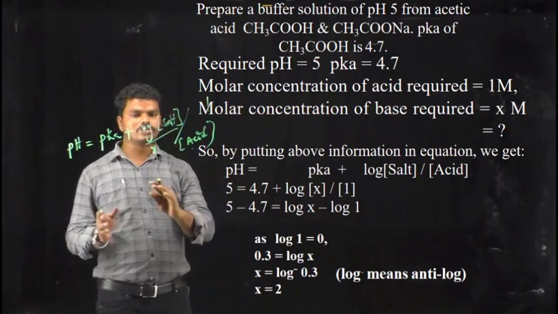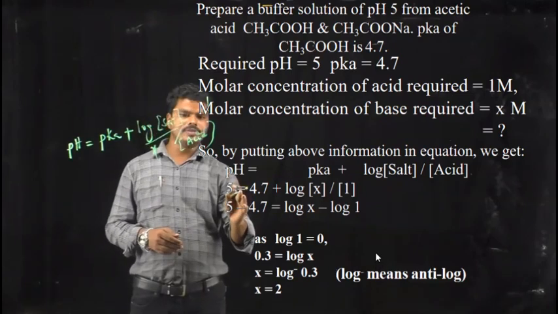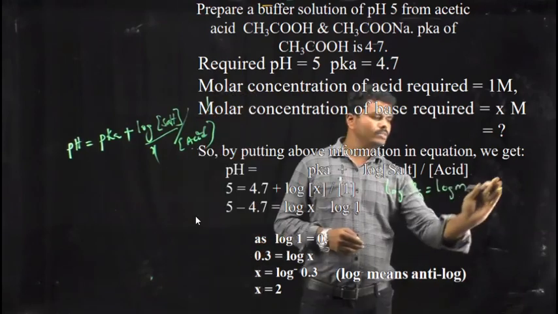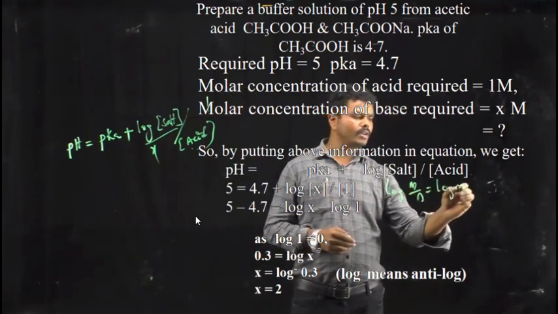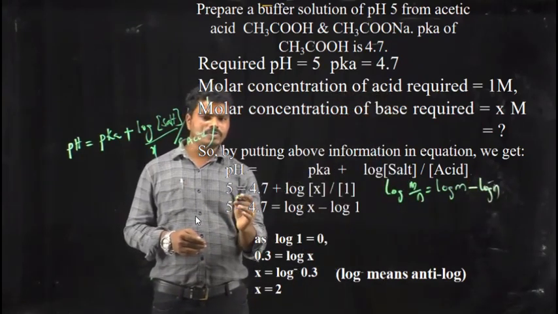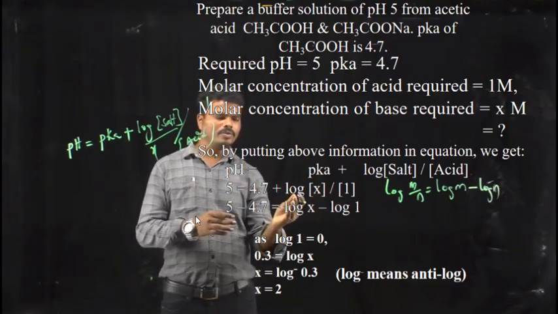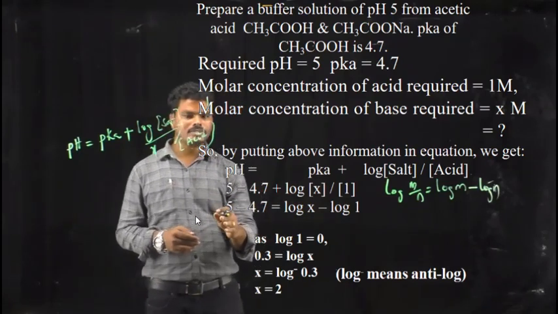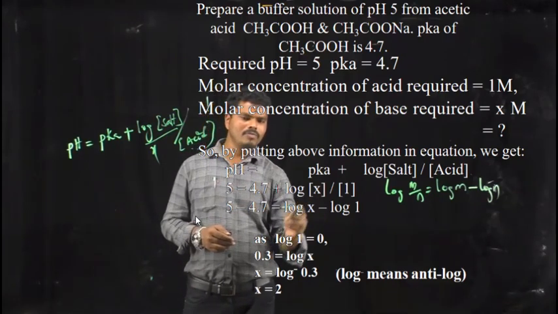So 5 equals 4.7 plus log of x divided by 1. Applying the logarithm formula log m by n equals log m minus log n, we write 5 equals 4.7 plus log x minus log 1. Bringing 4.7 to the other side, 5 minus 4.7 equals log x minus log 1.